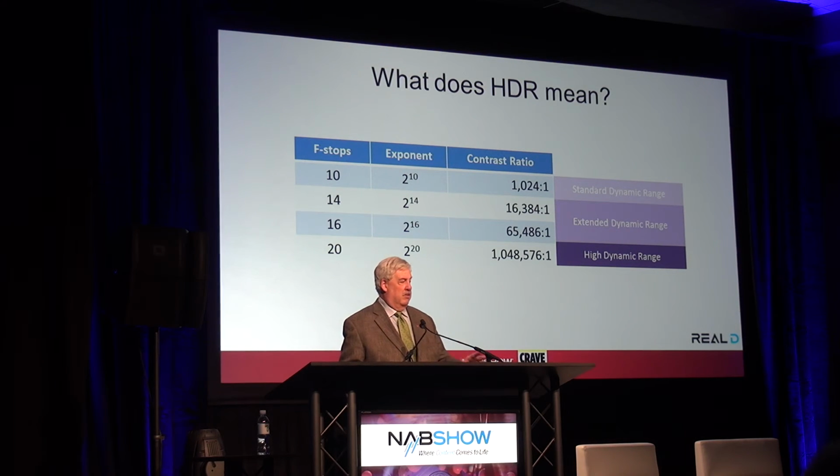Some people talk about an extended dynamic range, but when you really talk about high dynamic range, that might be in the range of 1,000,000 to 1, or 20 f-stops on a camera. So somewhere in there, and we'll leave it to the marketing and standards professionals to come out with what the actual term will mean when you go to a store and buy an HDR thing, but this gives you some idea of the range that we're talking about.